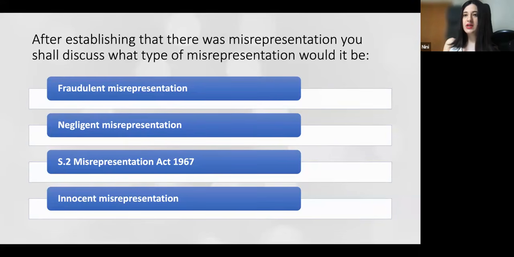If they deliberately lie about the mileage and they reset the mileage before selling the truck, that sounds like fraudulent misrepresentation. The likelihood of success on the Hedley Byrne principle is low, but you could still discuss it and give arguments as to why it is less likely to succeed in this case.